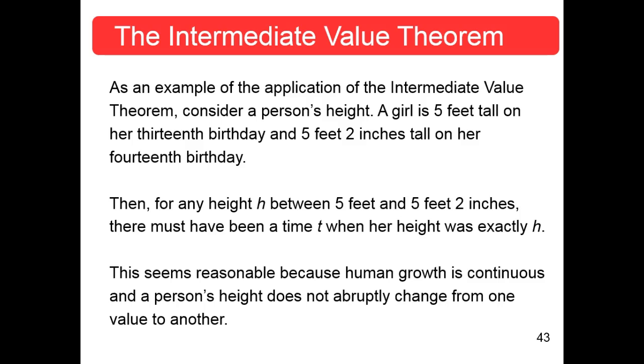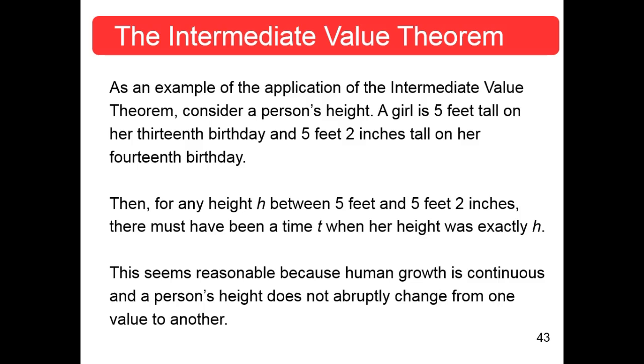She was 5'1" at some day in there. Every height in between, at some day in between those times, she was one of those heights. Because she didn't suddenly wake up one morning having jumped and skipped the height. She couldn't do it. So for any height h in between 5 feet and 5 feet 2 inches, there must have been some time t when her height was exactly h.